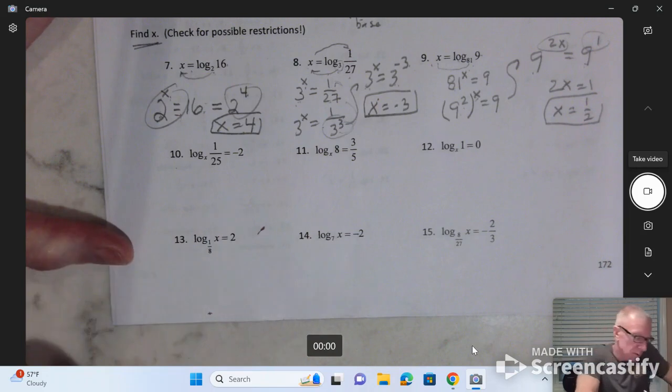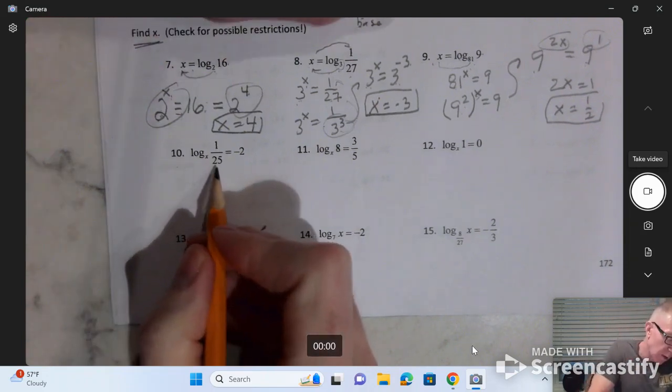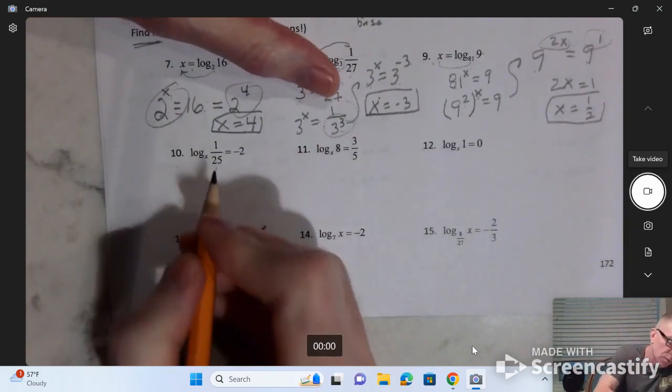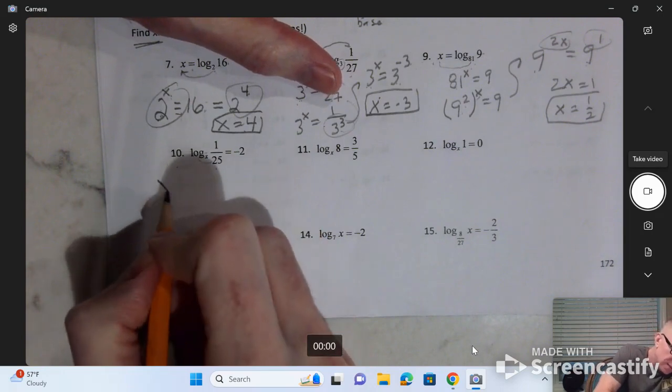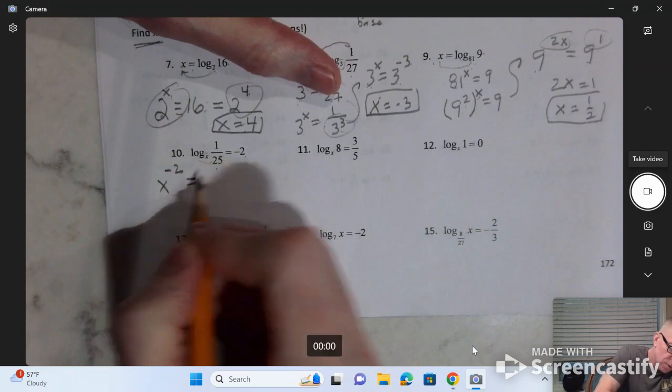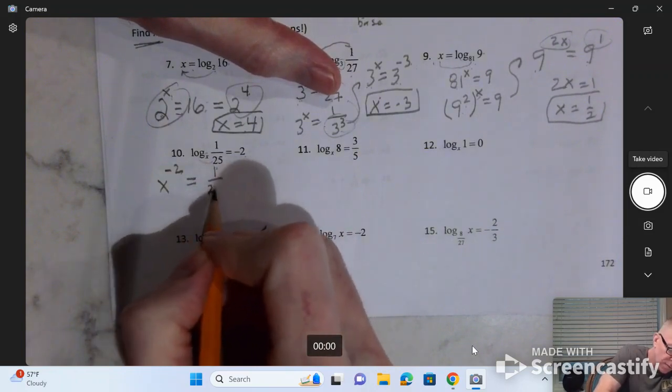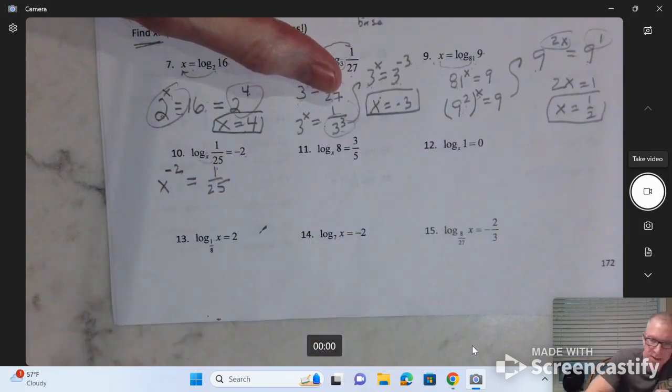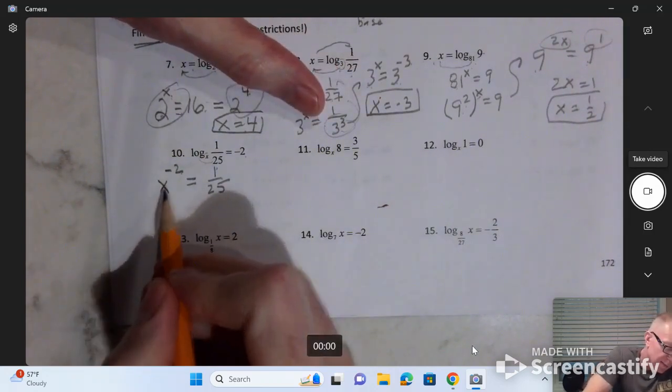That's going to be log base x of 1 over 25 equals -2. So I start with my base of x raised to the -2 is equal to 1 over 25. Okay, couple ways to do this. One way, x to the -2.